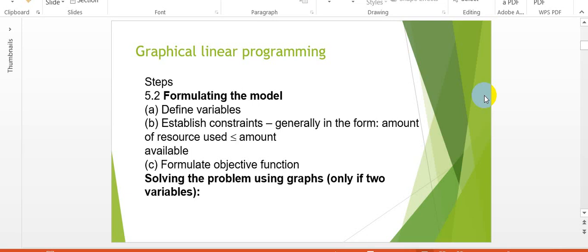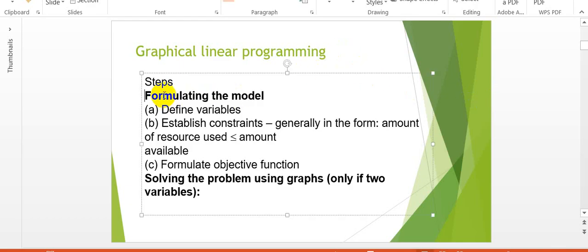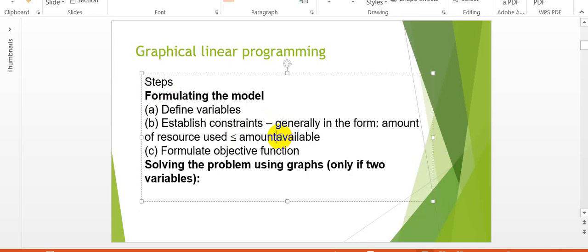The first step is to formulate the model. In formulating the model, we have our first step, which is to define the variables. After defining the variables, then we establish the constraints, generally in the form of amounts of resources used versus the amount of resources available.